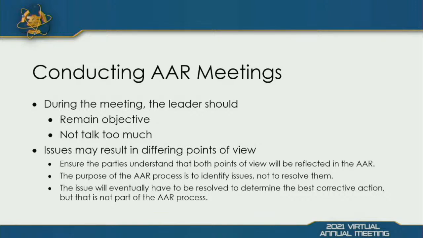Well, you've identified an issue, right? Two organizations think they should be doing that activity, and there was confusion. So you can just capture that versus trying to get them to agree who should have done it. Just capture that there's uncertainty there, and that's creating confusion, and we need to figure it out during the corrective action phase.